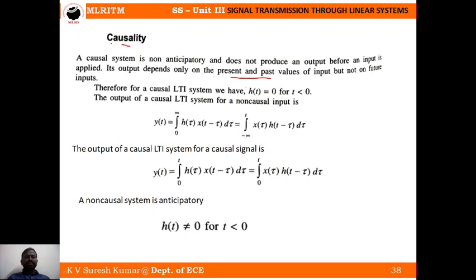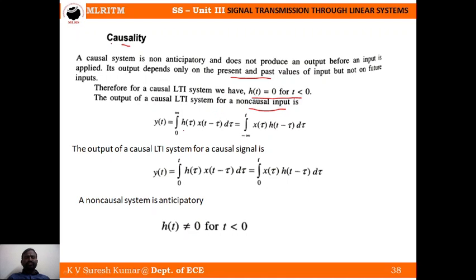Such systems are causal systems. So for a causal LTI system, we have h of t equals 0 for t less than 0. Now consider the output of a causal LTI system for a non-causal input, that is, x of t varying from minus infinity to infinity.